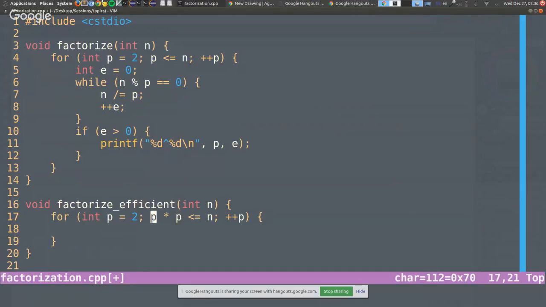Here I like to do it as p times p is less than or equal to n, instead of using the square root function and getting floating point numbers, which are usually a bit problematic to deal with.